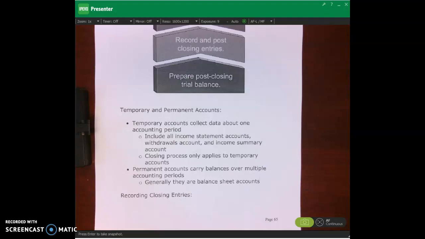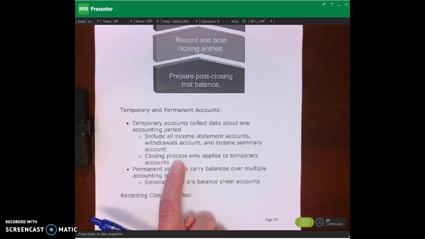Okay. So these accounts are temporary because they're opened at the start of the period, used to record transactions, and then closed at the end of the accounting period. And so the closing process only applies to our temporary accounts, not to our permanent accounts.